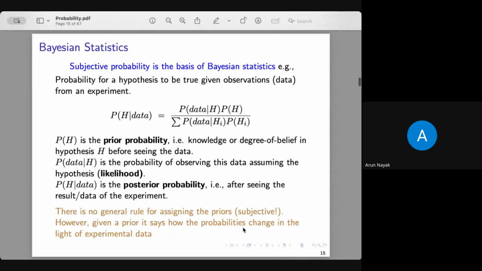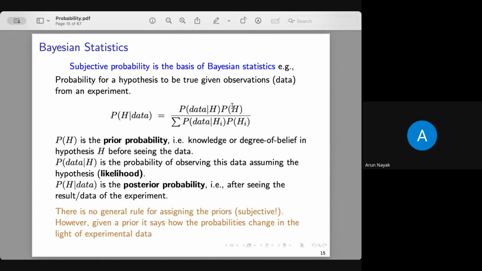So now let's see some interpretations here. As I said, this is the basis of Bayesian statistics. For example, suppose you have some hypothesis H, and you perform some experiment, and you obtain some data or observations. Now, given the data, the probability for this hypothesis will change.